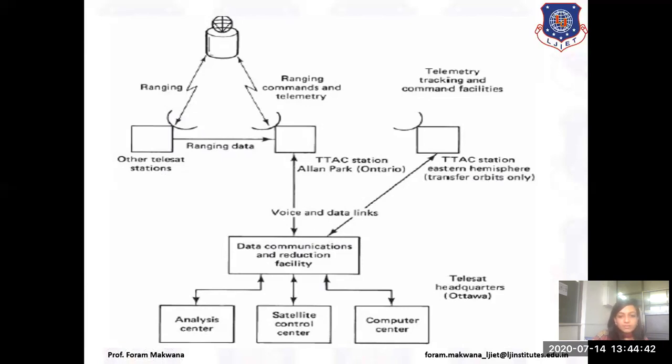Alright, so this is the most important question from chapter number 6, that is the telemetry, tracking, and command subsystem. You have to draw this block diagram if it is asked in the examination for 7 marks.